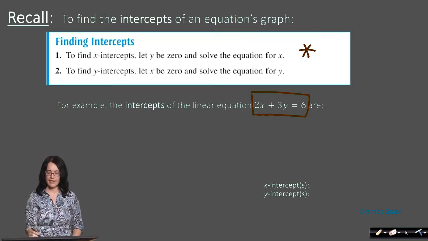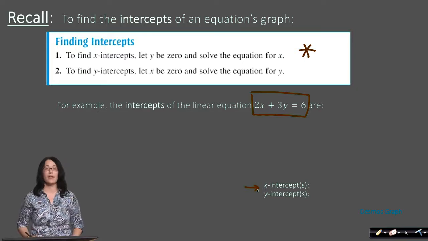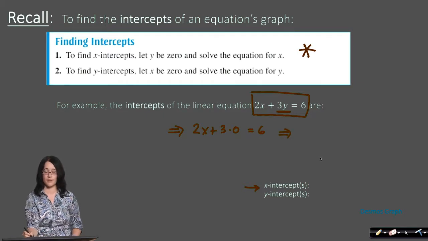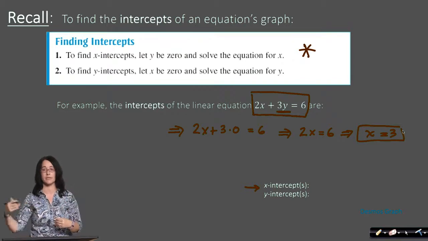We begin to find the x-intercept by letting our y value equal 0. So if you were to let the y value equal 0, this would become 2x plus 3 copies of 0 equaling 6. Well, what does that mean for us? Well, that just means that 2x equals 6. So x must equal 3. So whenever y is 0, the only time y is 0 is when x is 3.